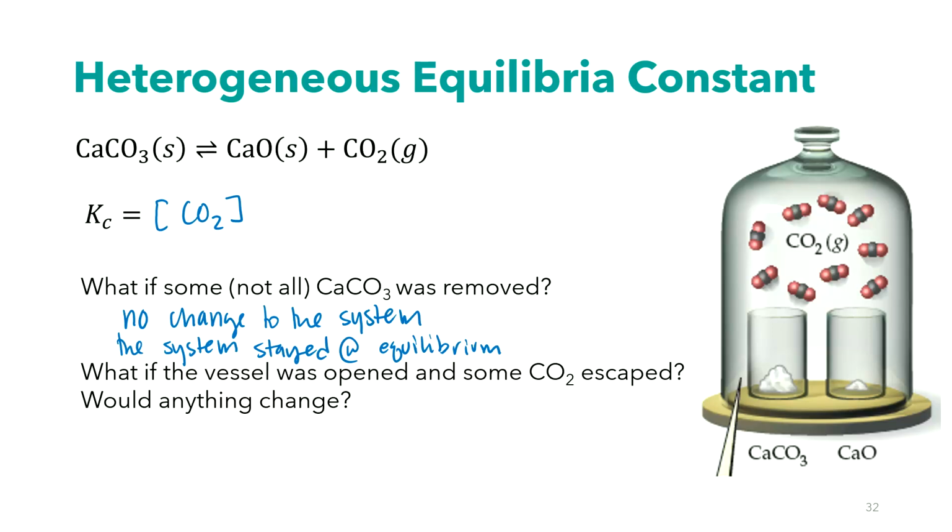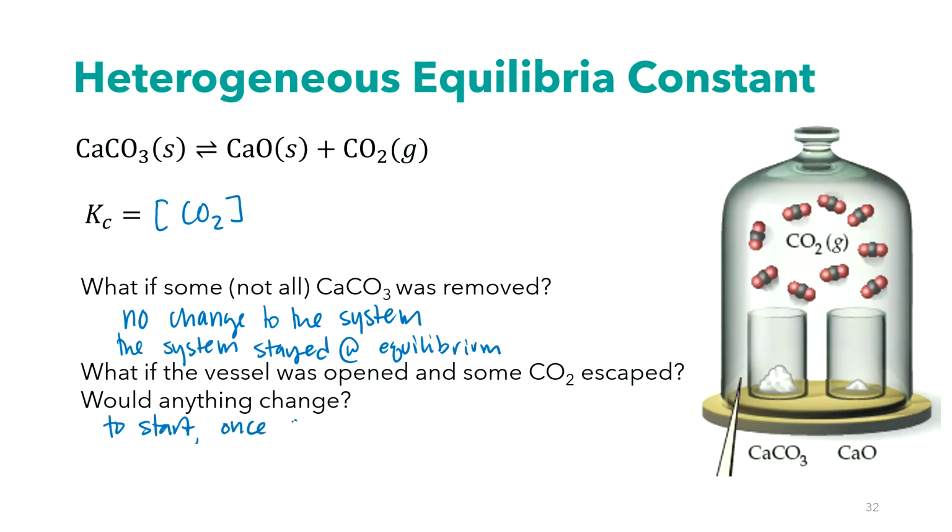Now the next question: what if the vessel was opened? Say I had a port and I could untwist it and let a little bit of that CO2 out. What would change? In this case, to start, the system would not be at equilibrium.